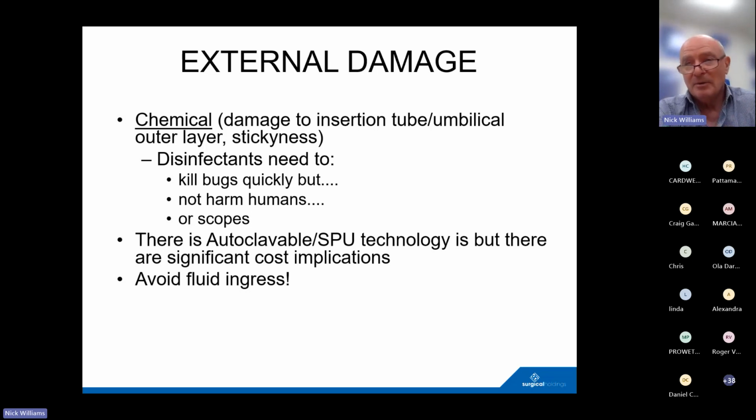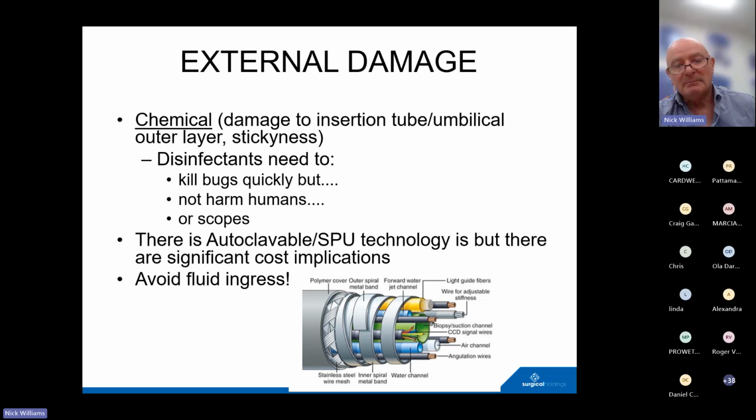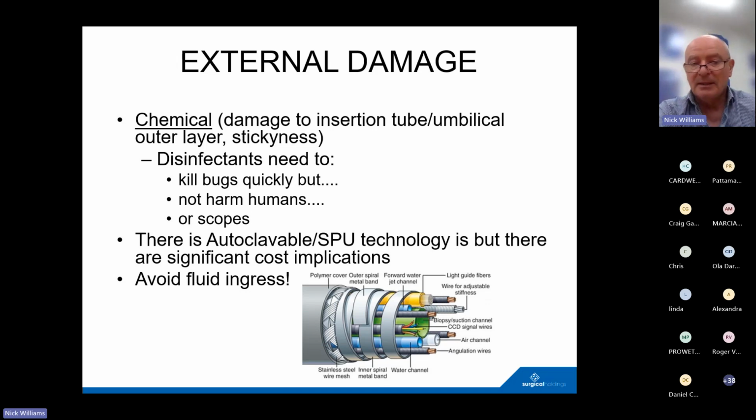We're really talking about the majority of procedures being done with multi-patient use scopes. And getting the imaging of a multi-patient use scope into a single patient use scope is another difficult one for designers. But in terms of the standard instrumentation that is used on many patients, the thing to avoid is fluid ingress. That is because, to use that slide again, it's very complicated inside.